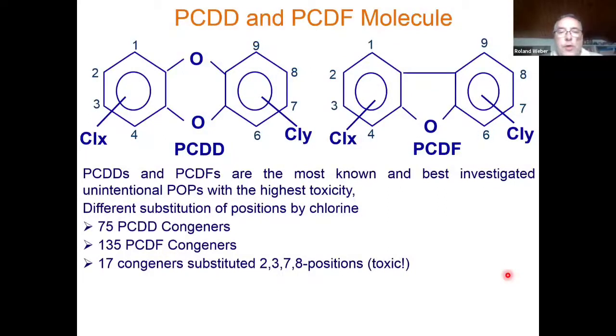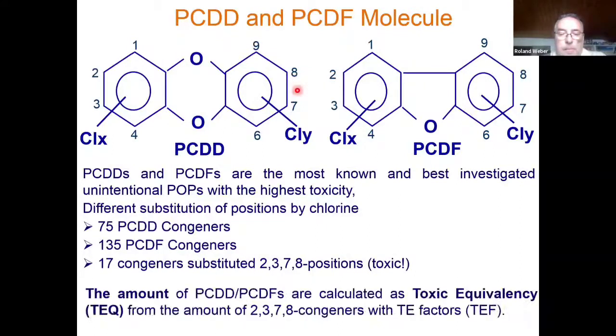Now to the molecule: on the left side, the dioxins, and here the furans. Just one difference is one oxygen bridge. So they are the most known and best investigated unintentional POPs, also with the highest toxicity. They have different congeners depending on the substitution of chlorine. And important are especially the 17 congeners substituted in 2, 3, and 7, 8 positions, because they are the ones that include the dioxin toxicity.